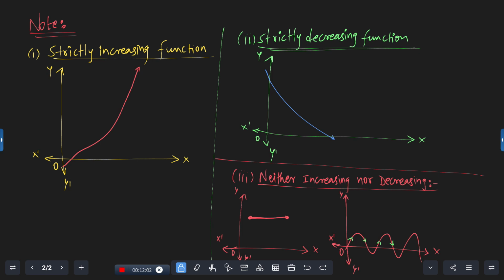Okay, next, theorem 1. Theorem number 1 is a very important point we are going to see.